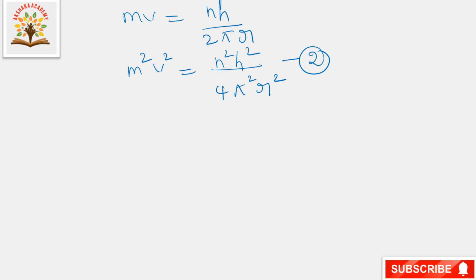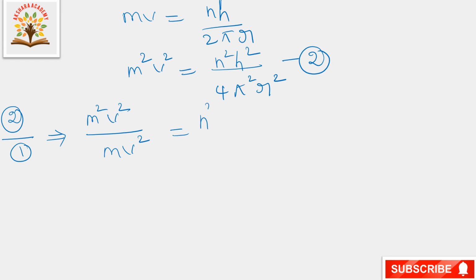So equation 2 by 1, that is m square v square by m v square is equal to n square h square by 4 pi square r square into r by k z e square.